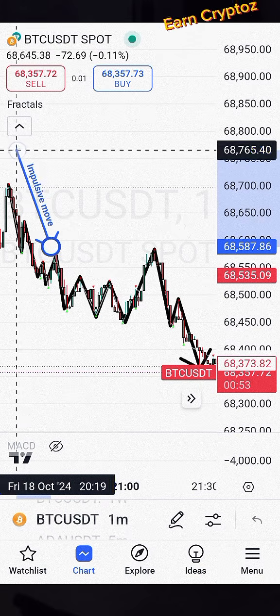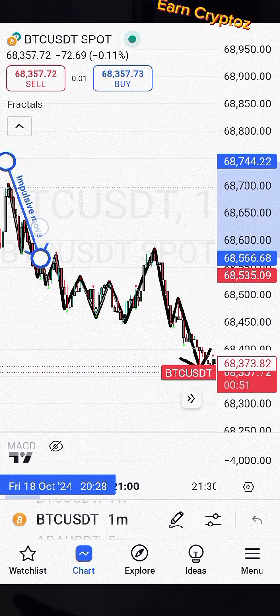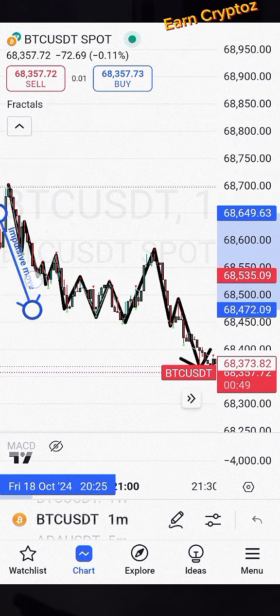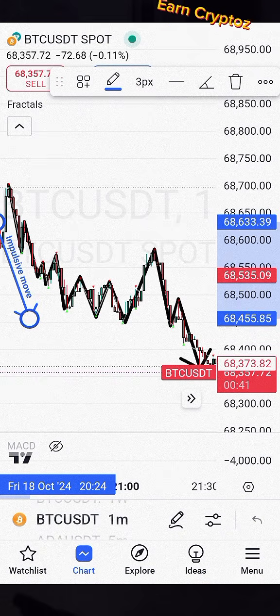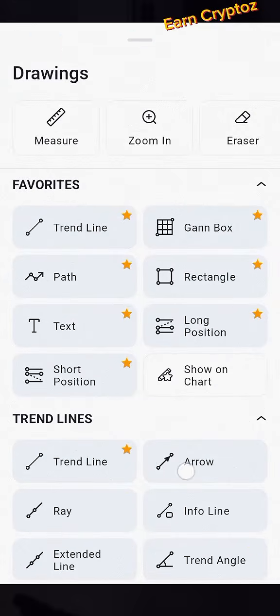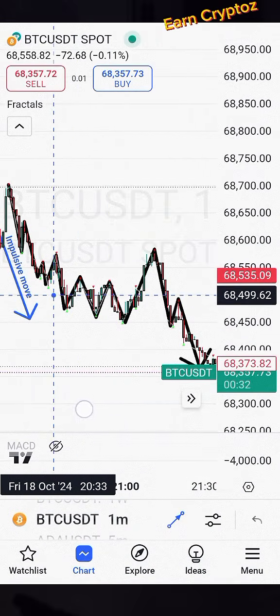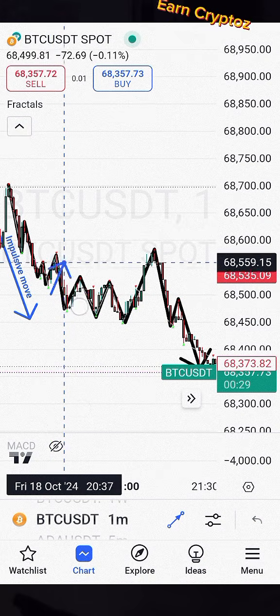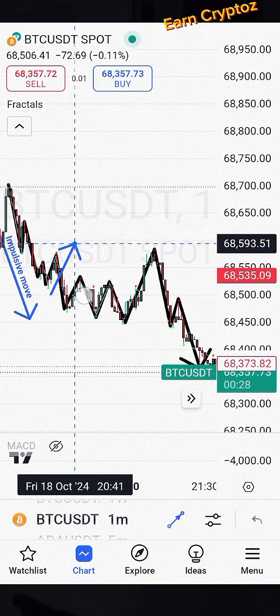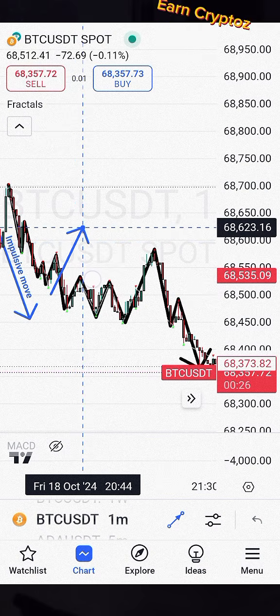So we had an impulsive move, then there was a correction, another move that took out inducement. So that's an impulsive move. Then you see the correction move right here. See that move? Exactly.